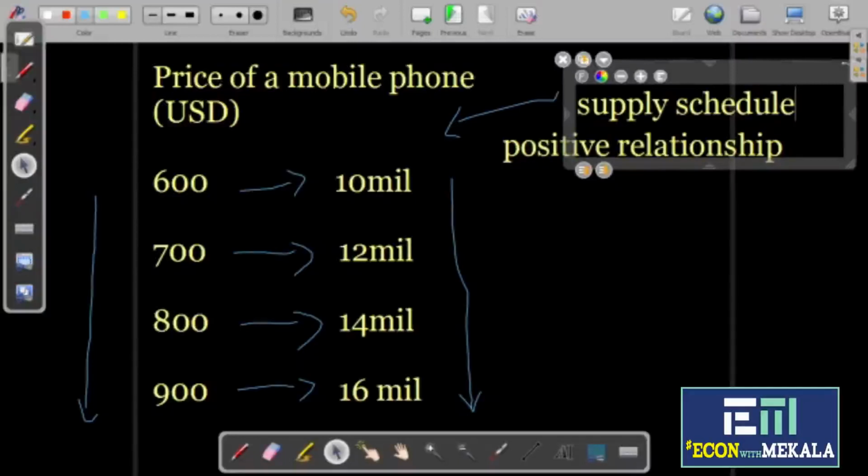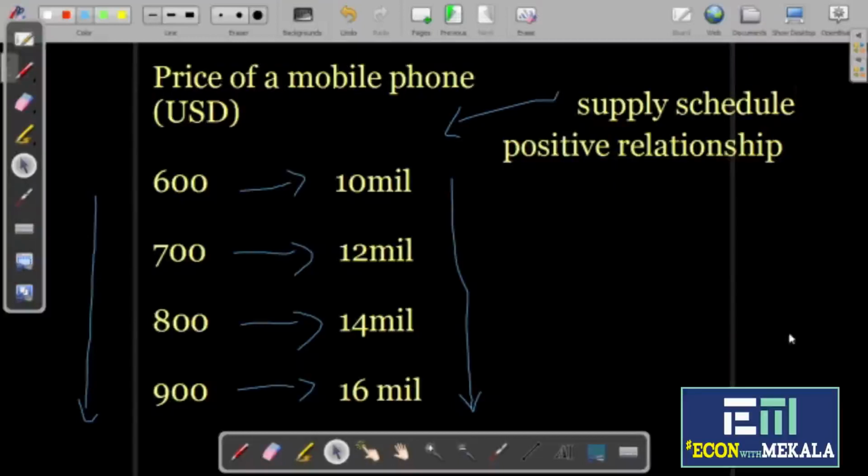And it's fascinating how we can use a supply curve to explain the positive relationship between price and quantity, that is the law of supply, and how quantity supplied will behave at different price levels. So what I'm going to do next, using the same supply schedule, is construct a supply curve and show you how a supply curve would look like.